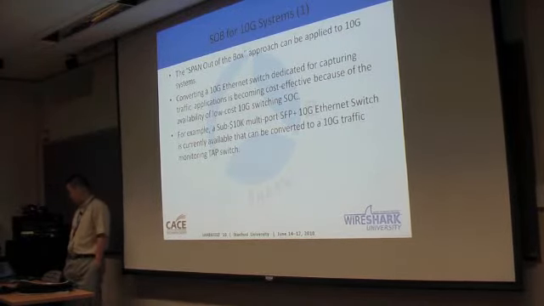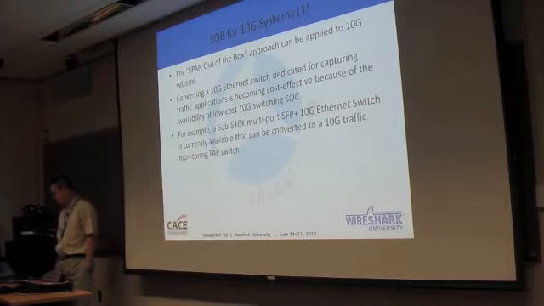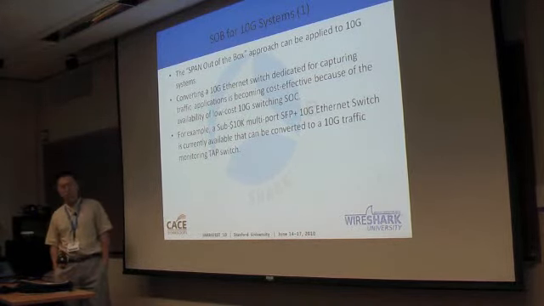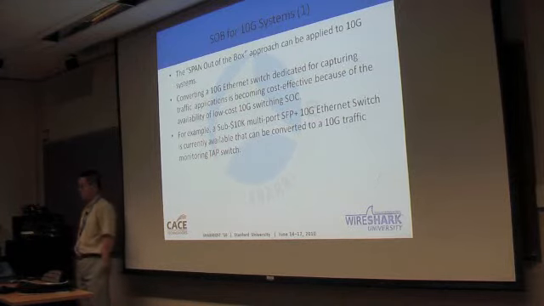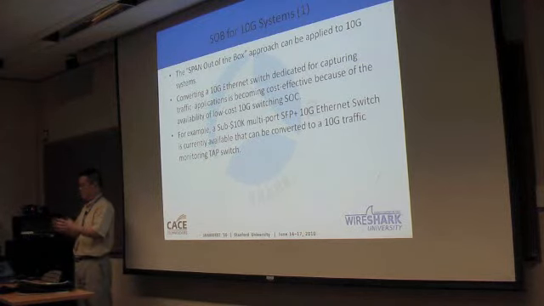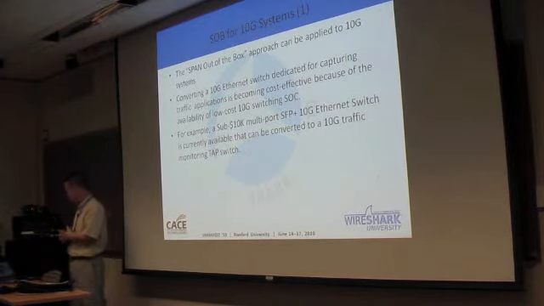So the span out of box approach can be applied to 10 gig systems, and the reason is that right now a very low cost 10 gig switch ASIC is available, and we can just use this 10 gig switch box for monitoring or capturing 10 gig traffic.